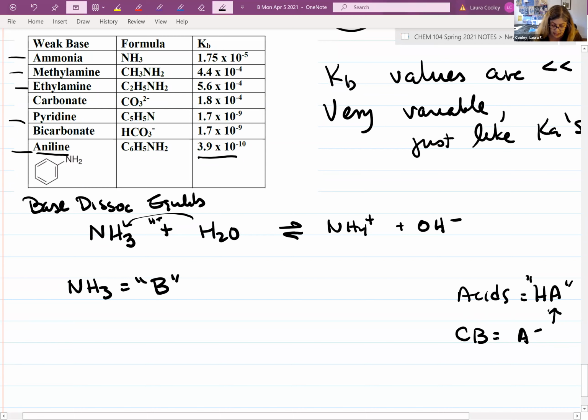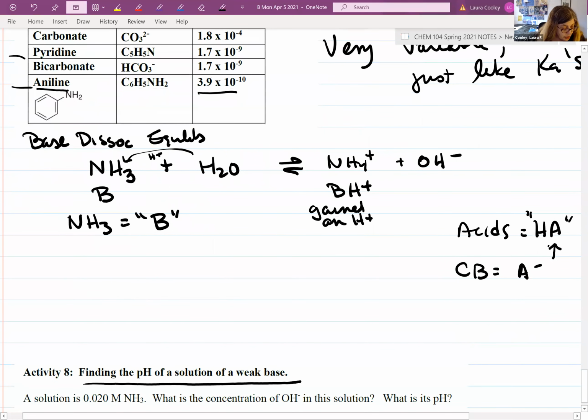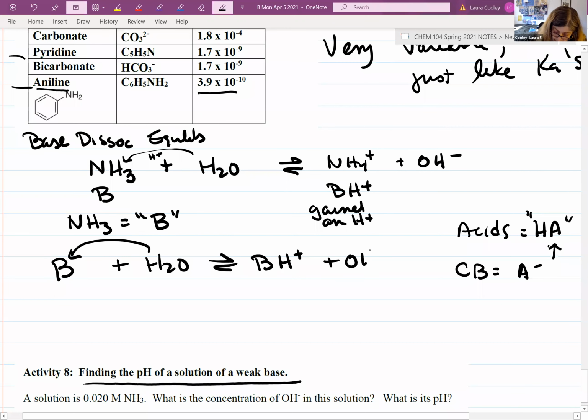Here we call NH3 B, and it becomes BH+, so it's gained an H+. So you could write, in general, B for base plus water gives you BH+ plus OH-. And this is like a generalized base dissociation reaction.